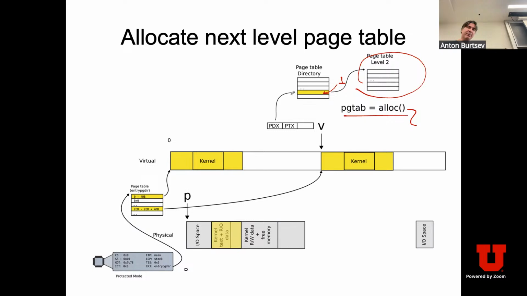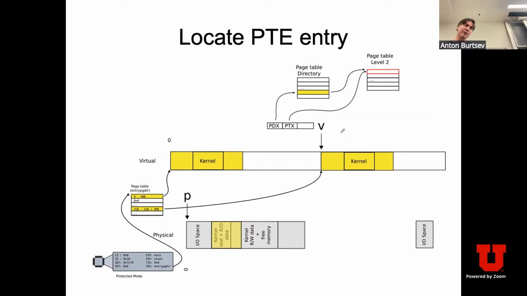We connect them by essentially writing the physical address of this second level page table into the page table directory. And then we use the next 10 bits, saying, look, those 10 will pick an entry in this array. At this point, this is where we want to install our mapping.